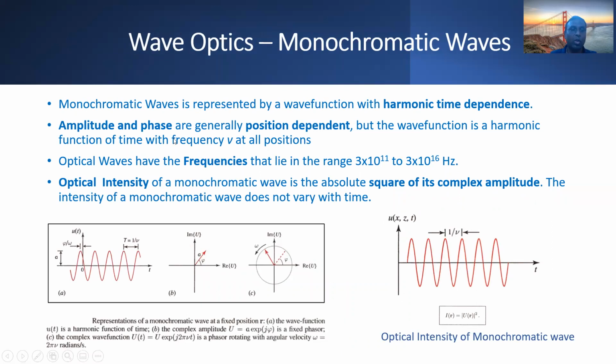Monochromatic wave. A monochromatic wave is represented by a wave function with a harmonic time dependence. Amplitude and phase are generally position dependent, but the wave function is a harmonic function of time with frequency v at all positions. Optical waves have a frequency in the range of 3 times 10 to the power 11 to 3 times 10 to the power 16 hertz.